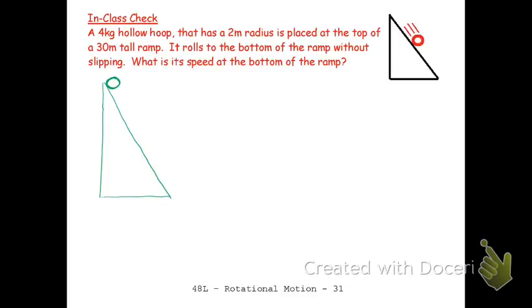I'm saying that m is equal to 4 kilograms, r is equal to 2 meters, h is equal to 30 meters, and this is a hollow hoop. And what I can say is that my mechanical energy at the top is equal to my mechanical energy at the bottom.